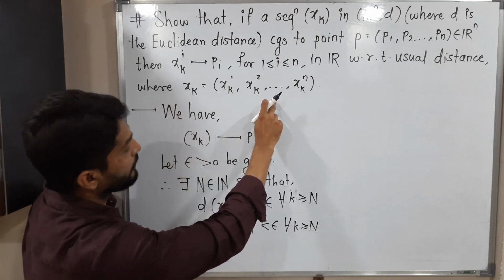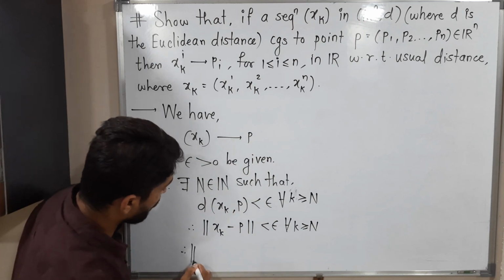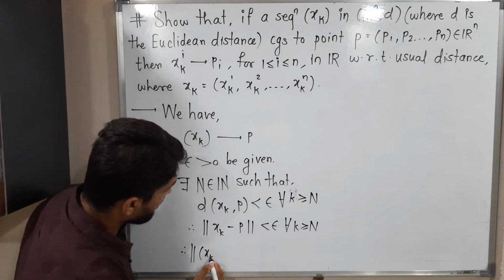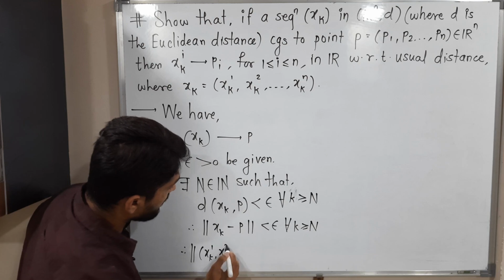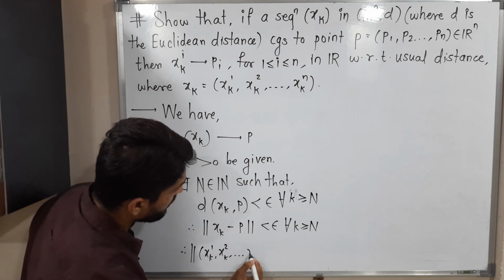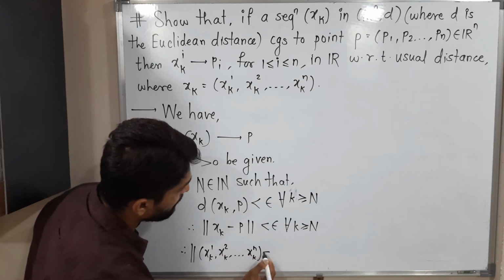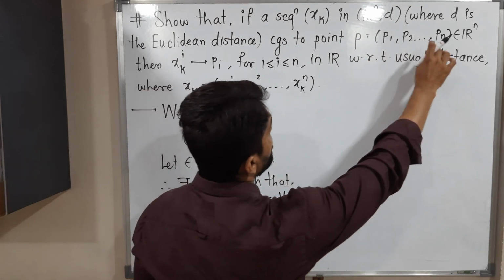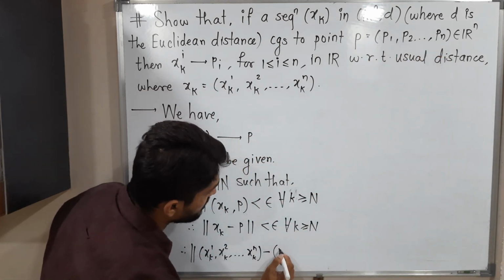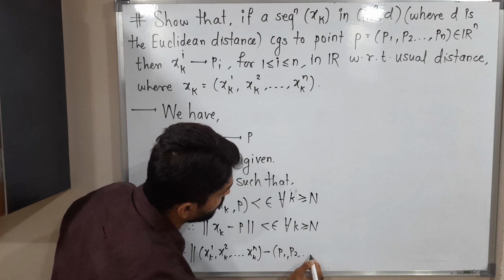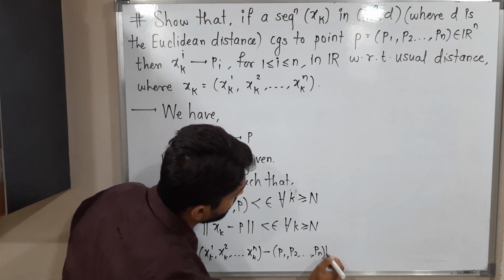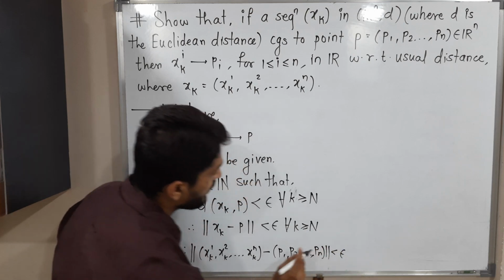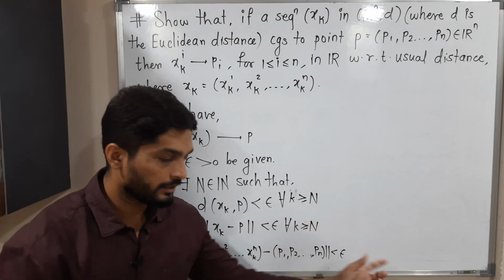It has n number of components, so let me write the norm of (xk1, xk2 and so on xkn) minus the point P, which has also n components, p1, p2 and so on pn, less than epsilon. I should write this condition everywhere.